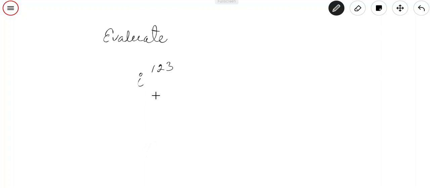Of course, you're not going to go from i to the 1 to i to the power of 123 one by one. So what are you going to do? You're going to take the exponent 123, and you will divide it by 4. Why by 4? Because every 4 powers we get the same value. And 123 is the given exponent.